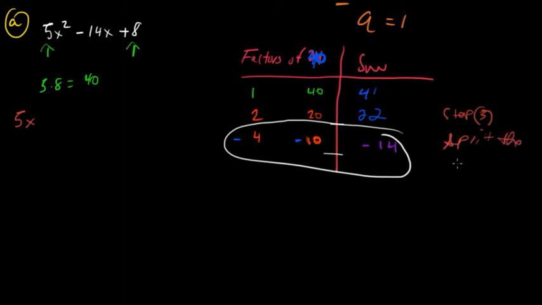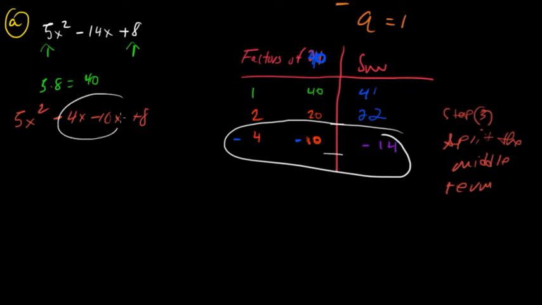Split the middle term. Okay, so let's go ahead and do it. We're going to split the middle term. So we have 5x squared minus 4x minus 10x plus 8. We split this middle term because, remember, in our previous example we said this is the same thing as a minus 14x, right? When we combine these, when we add them. Okay, let's finish this off here.